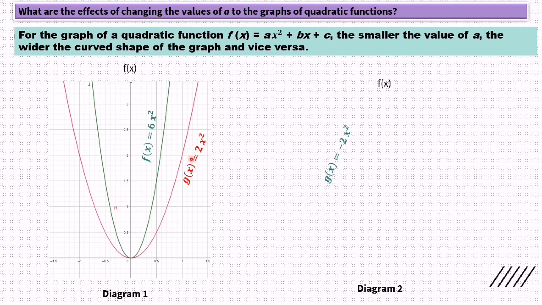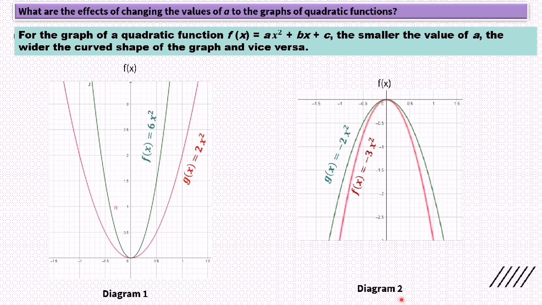The value of a of function g(x) is less than the value of a of function f(x). The curved shape of the graph of function g(x) is wider than the curved shape of the graph of function f(x).